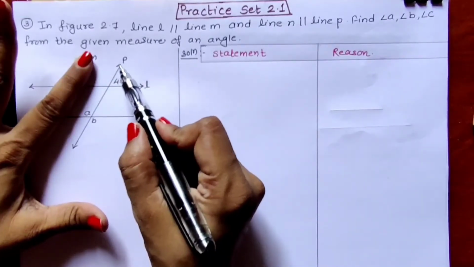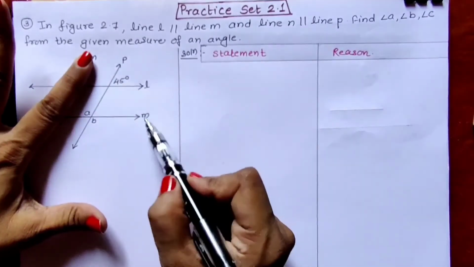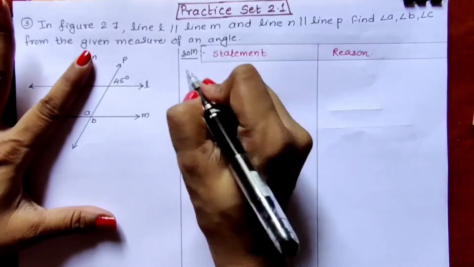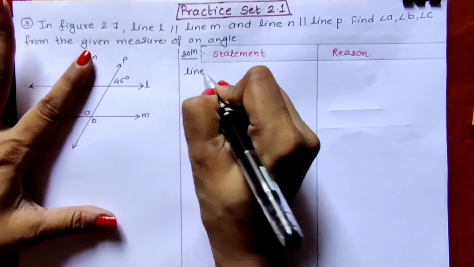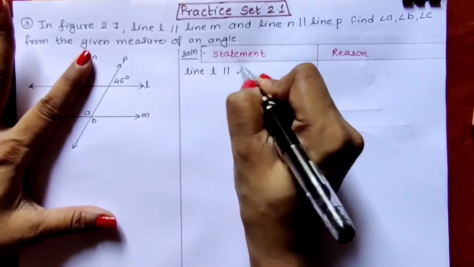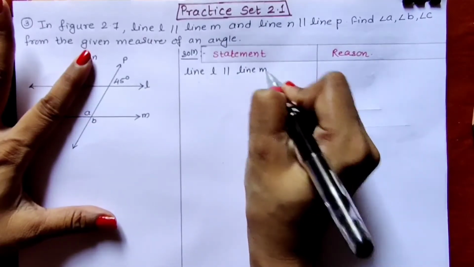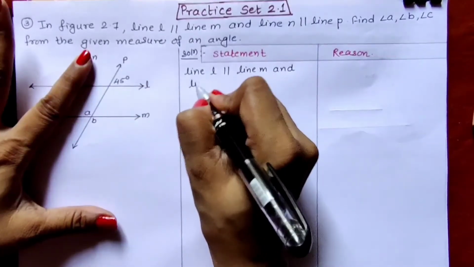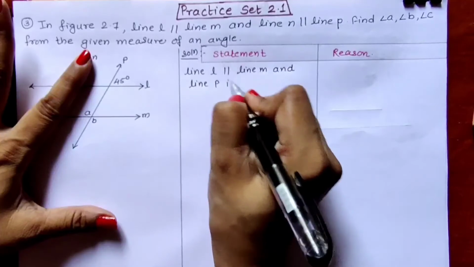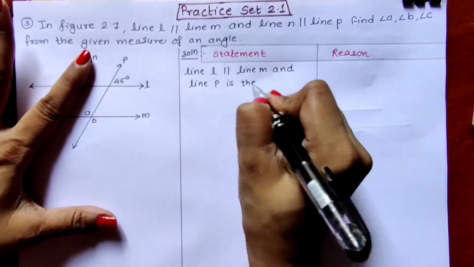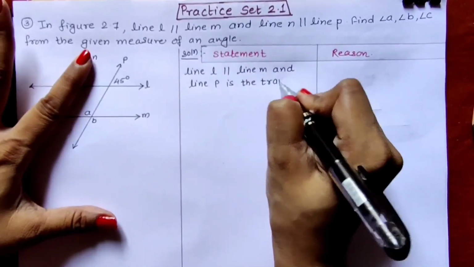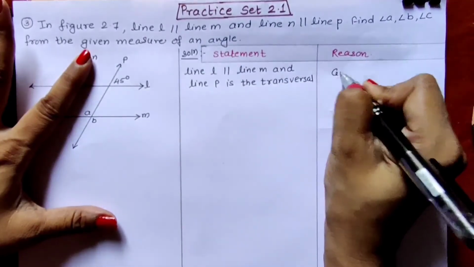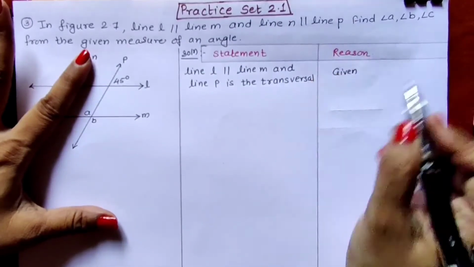Line L and line M are parallel, so that's why I am writing here in the statement: line L parallel line M and line P is the transversal. This is given to us. Reason is given in the question.